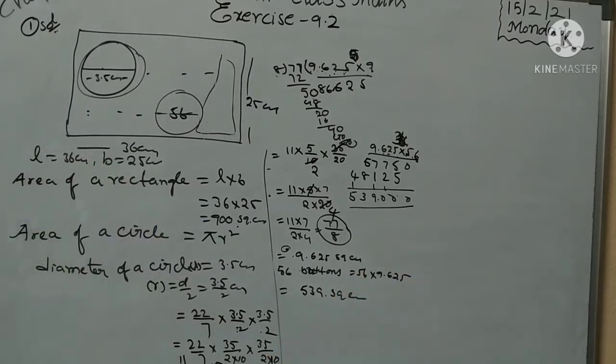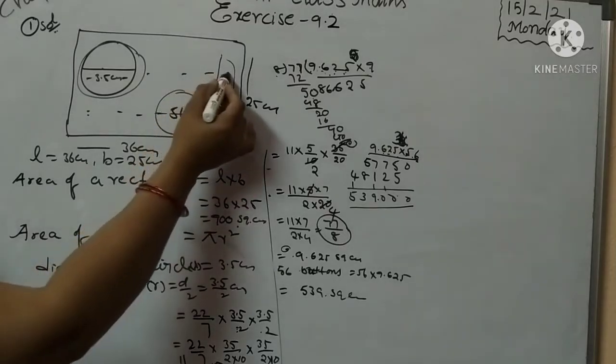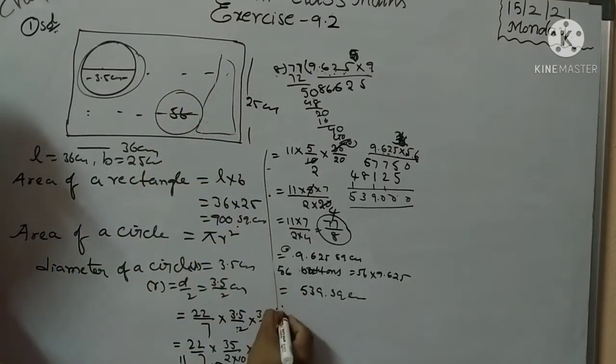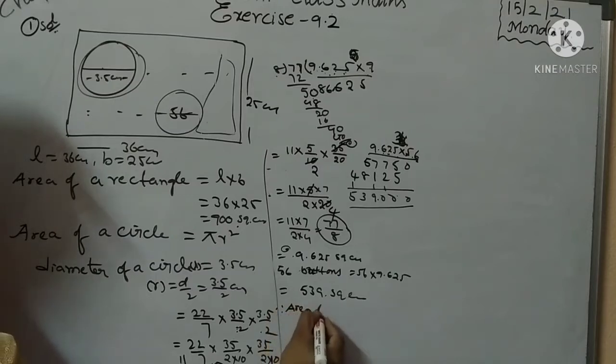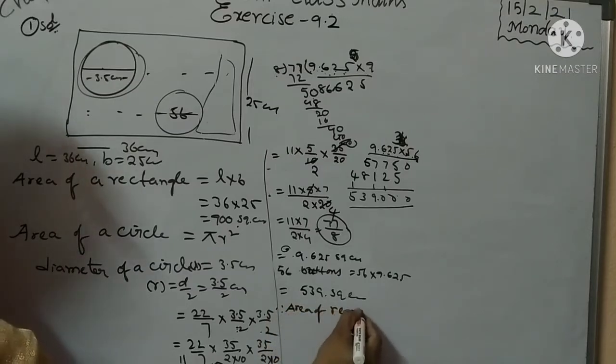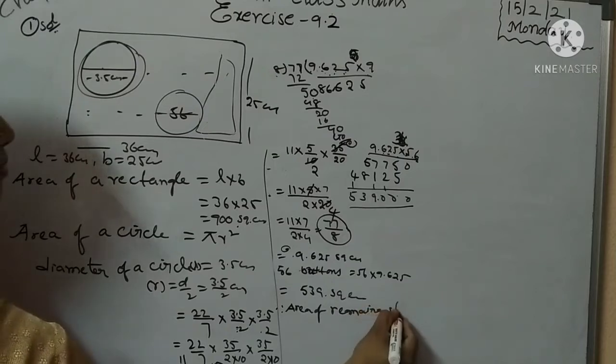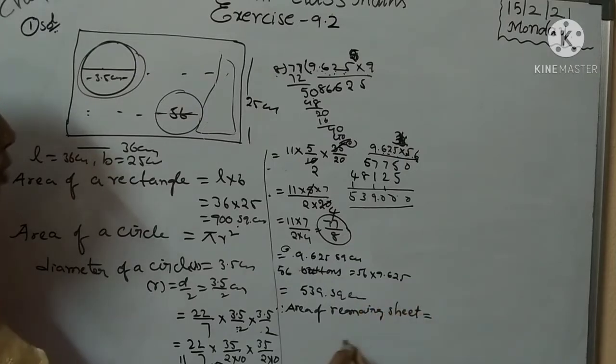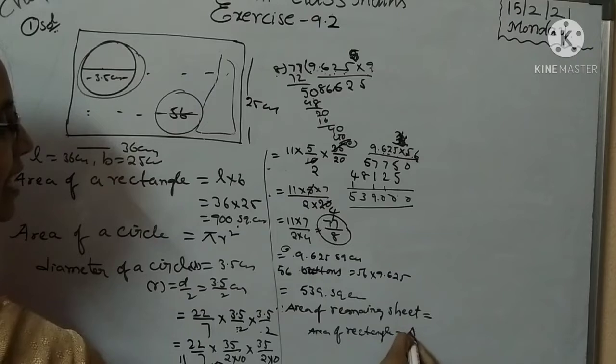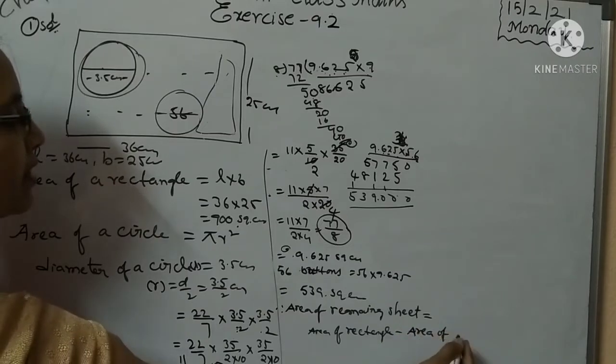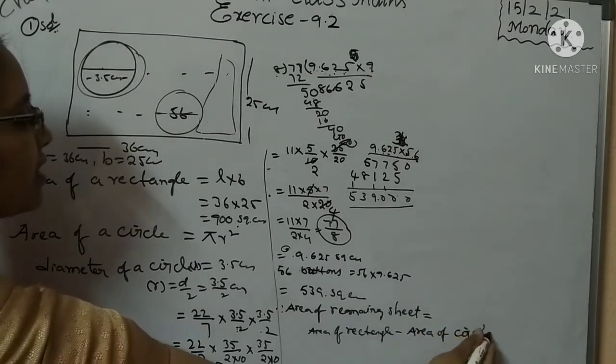It is 56 buttons. So what do we find here? Find the area of the remaining sheet. So finally area of remaining sheet is equal to area of rectangle minus area of circle.